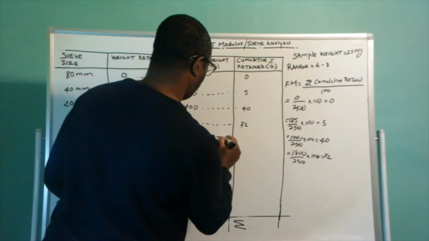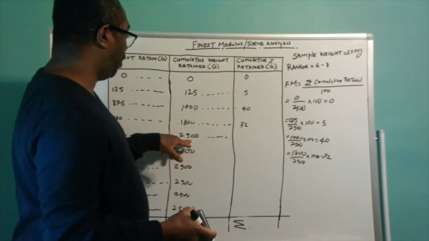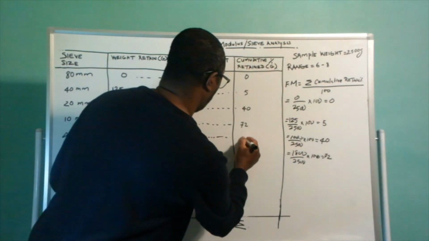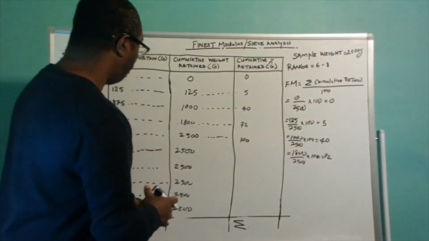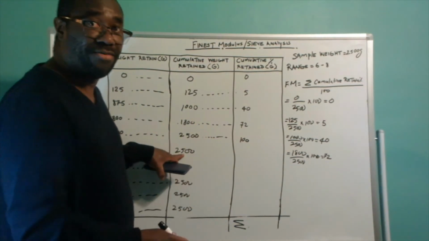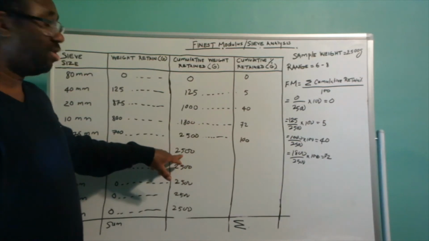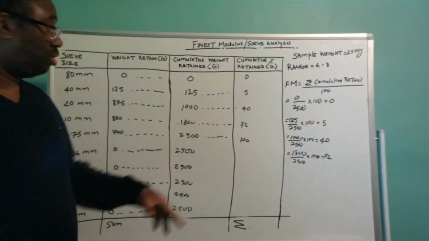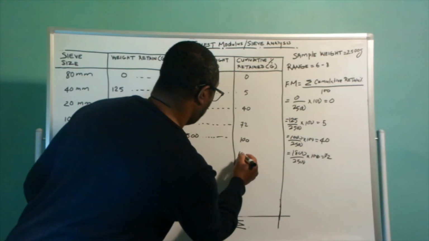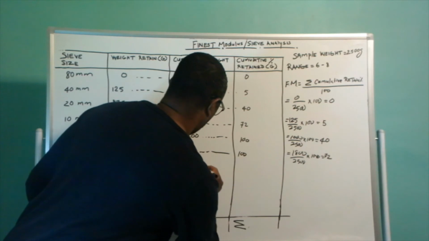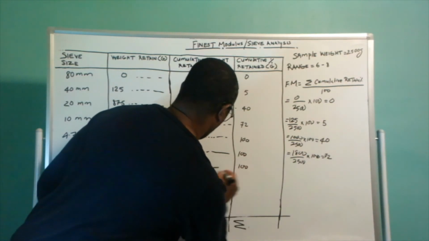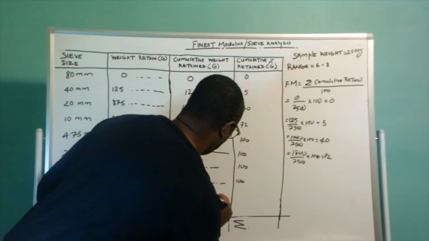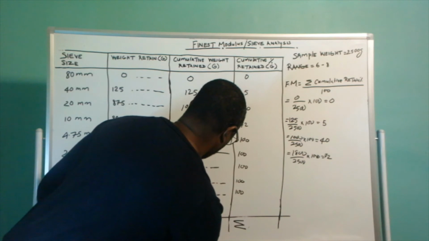And this is going to work out to be 2,500 over 2,500 times 100. So we're going to get back 100 right here, right? Same thing for this 2,500. It's going to work out to be 100. So we have 100 here, another 100, 100, 100.